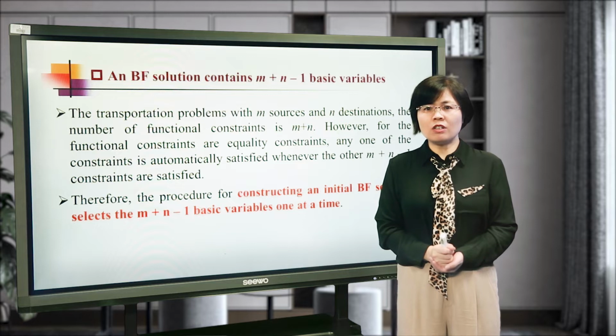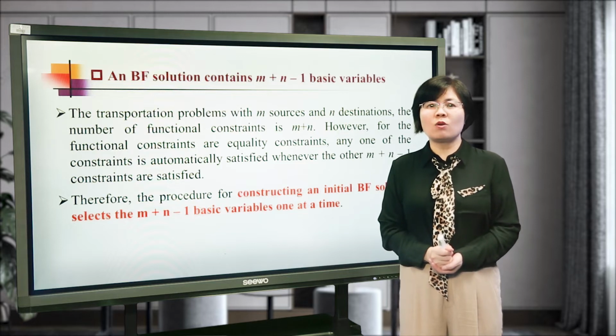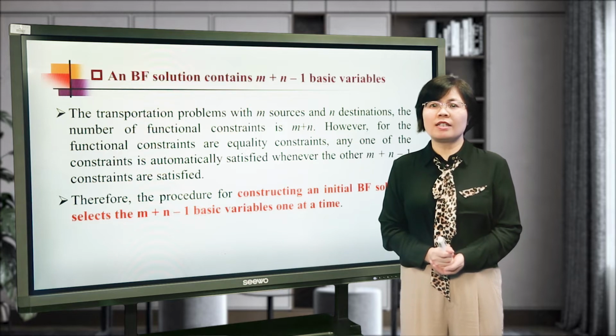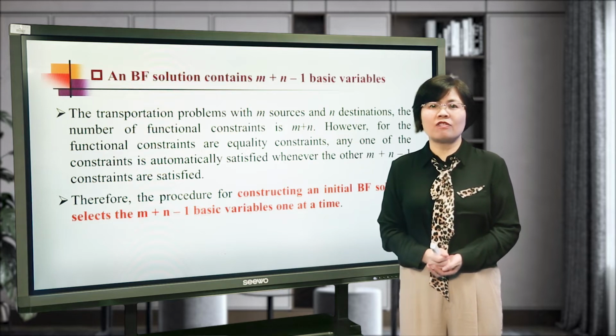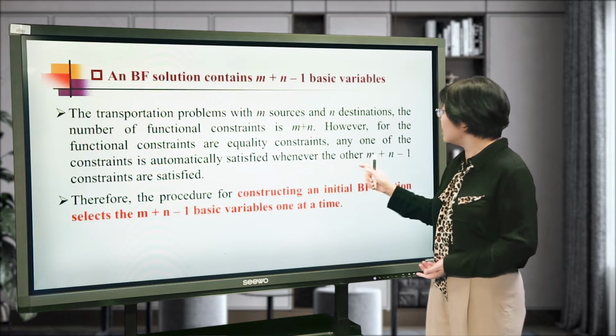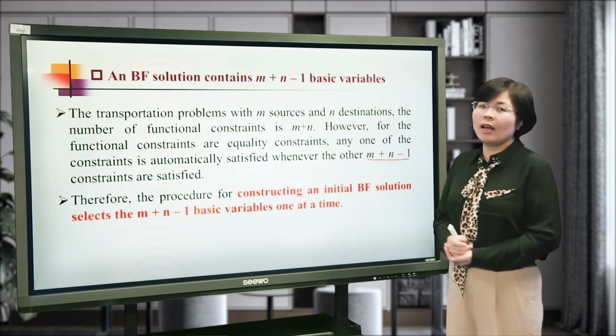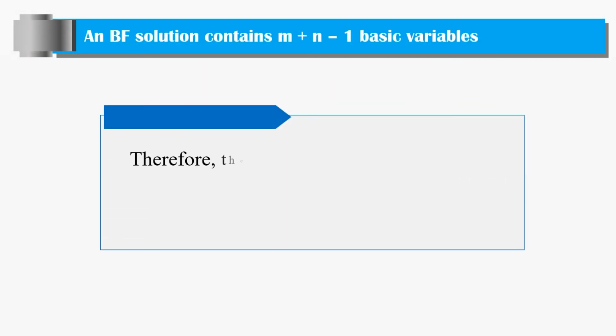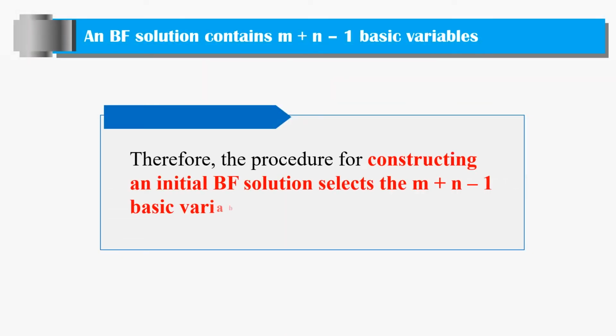However, since the functional constraints are equality constraints, any one of the constraints is automatically satisfied whenever the others are satisfied. Therefore, the procedure for constructing an initial BF solution needs only m plus n minus 1 basic variables, selected one at a time.